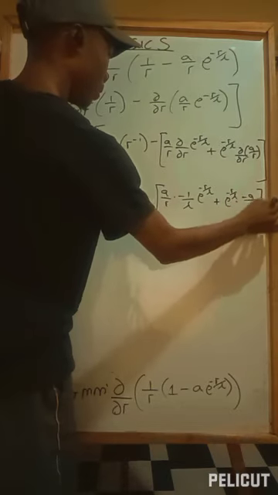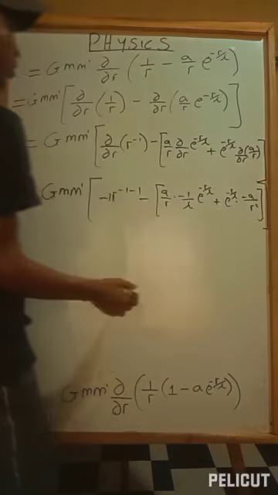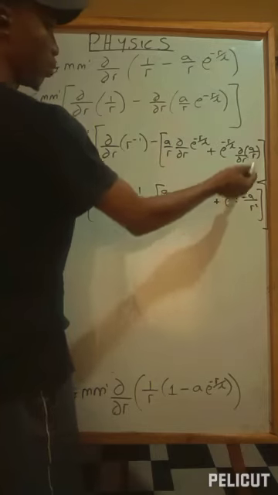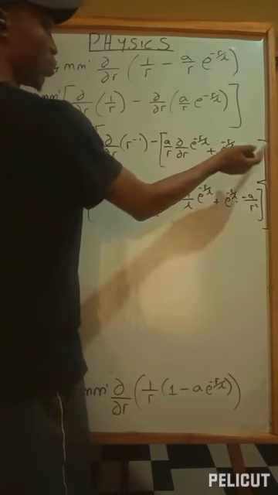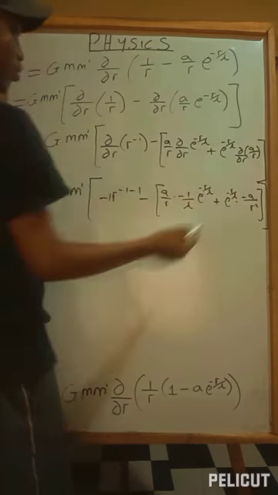I've jumped a step here, but it's the same thing as differentiating 1 over r. If you differentiate 1 over r, it is minus 1 over r squared. So multiply by a, that's minus a over r squared.